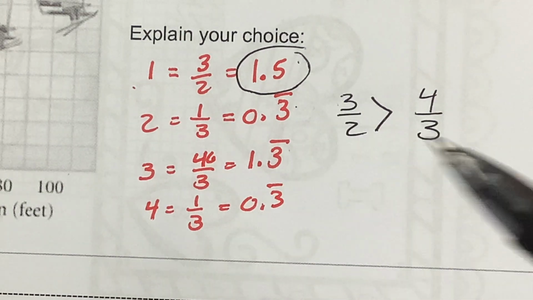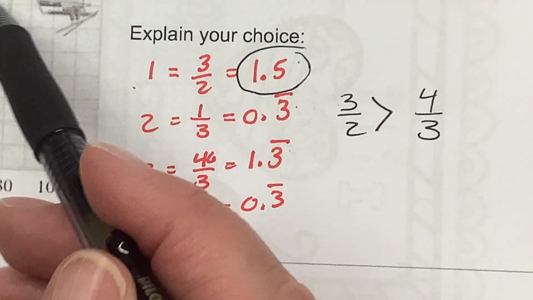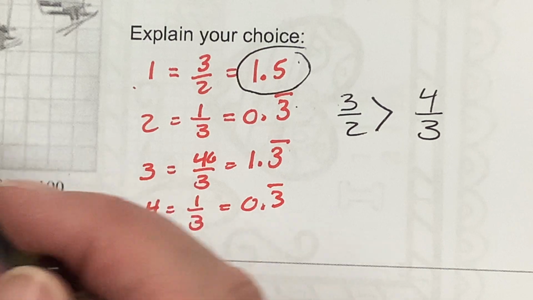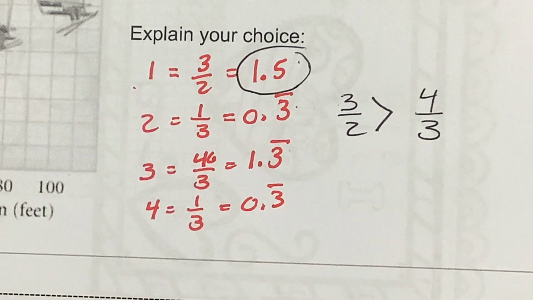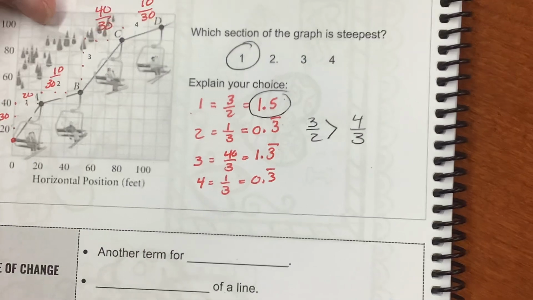But if you were actually looking at the angles, you could see these are the only two I really needed to compare. And this one looks steeper than that one, but it's not. It's just longer. So, which one's the steepest? Section 1.